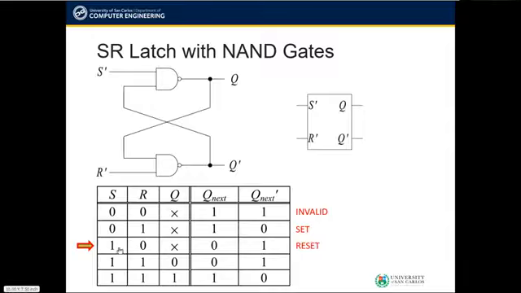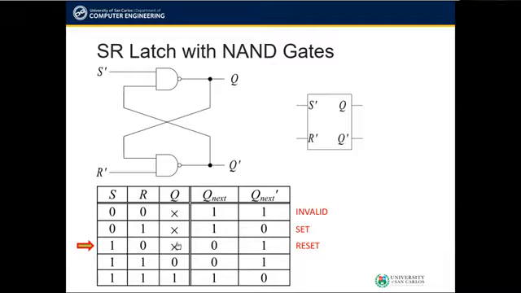Here, we can see that when the present SR inputs are 1, 0, the next value of Q will always be 0 regardless of its present value, as shown here by X. If Q is 0, Qnext will remain 0.